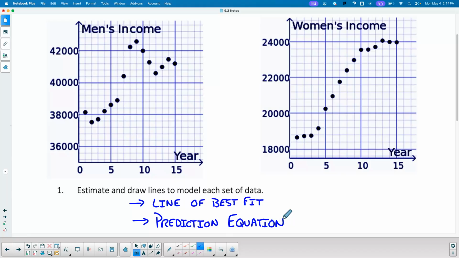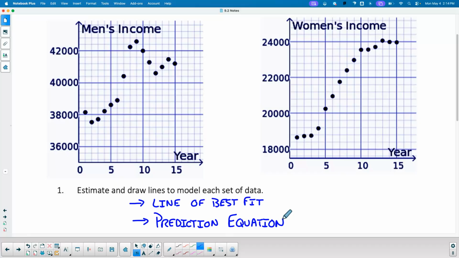We can use that prediction equation to say what is the median income for the ladies in 2026, if we wanted to, because we don't have 2026 in our data set. Our data set stopped at 2005.